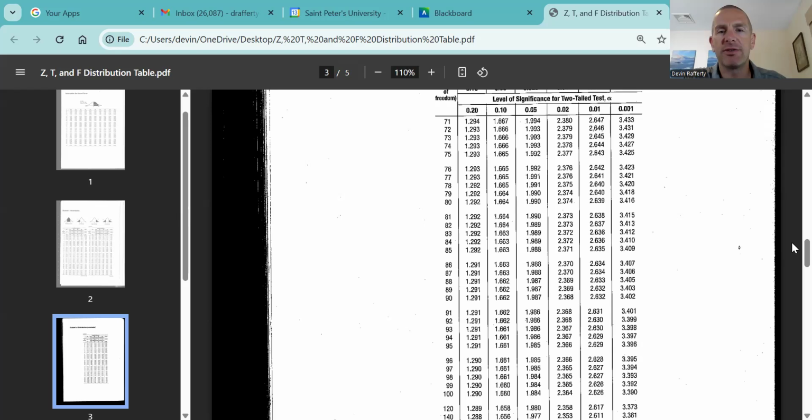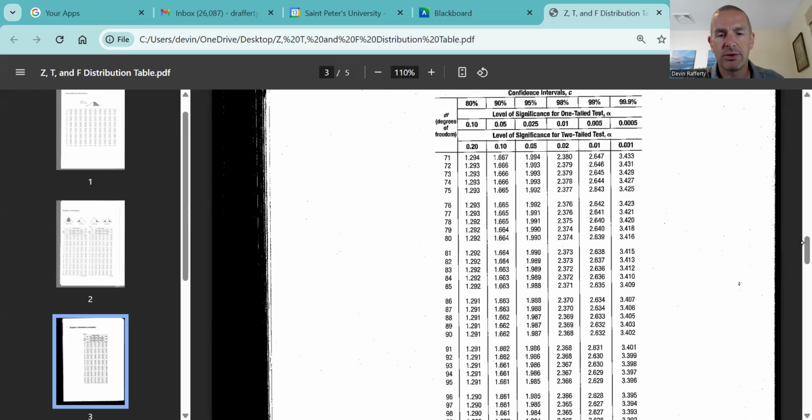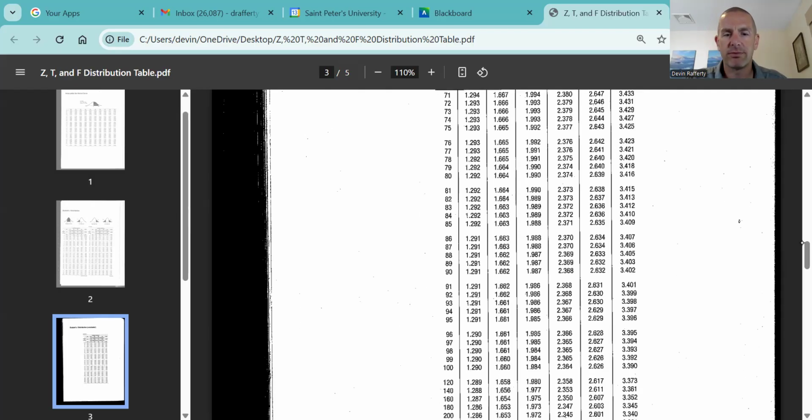If we had the level of significance, two-tailed test, 0.05, we go down to 120 degrees of freedom, and it's 1.98. So 1.98 would be our critical value. It would be plus and minus 1.98 because we have a two-tailed test. So you would have a negative critical value and a positive critical value. Okay, so 1.98.